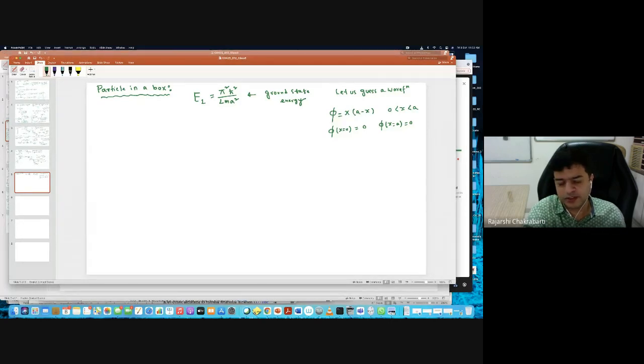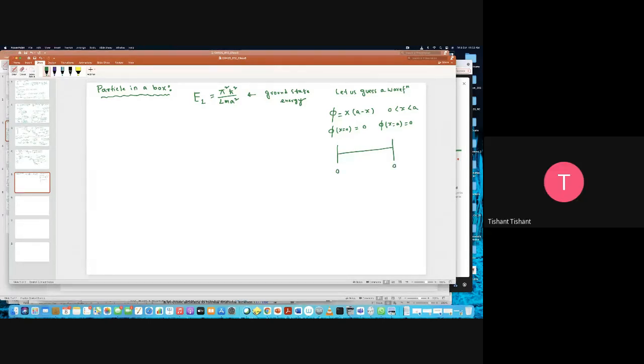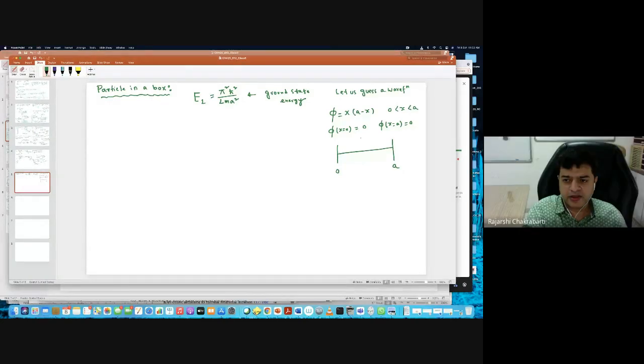How does it look if I plot it? At first it will increase and then decrease. You can go and check. It is the simplest guess which follows the boundary conditions.